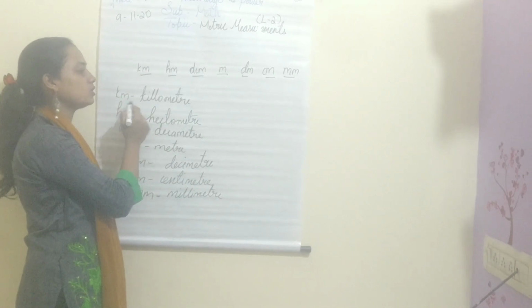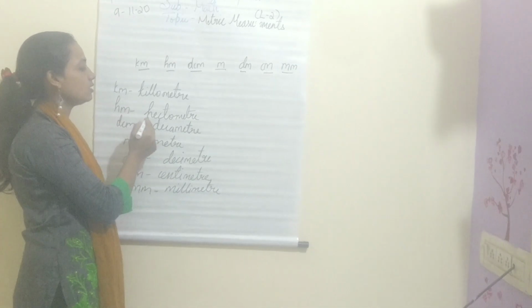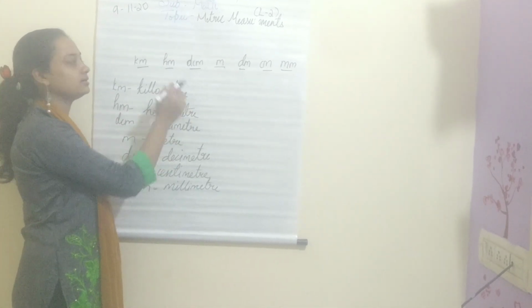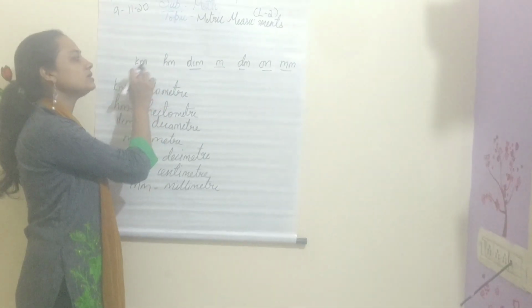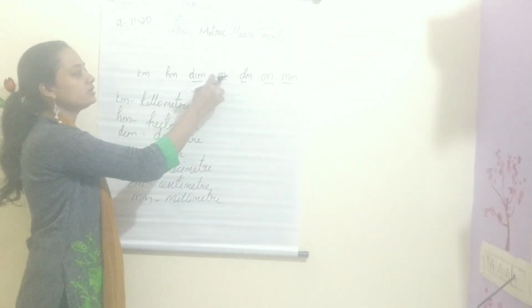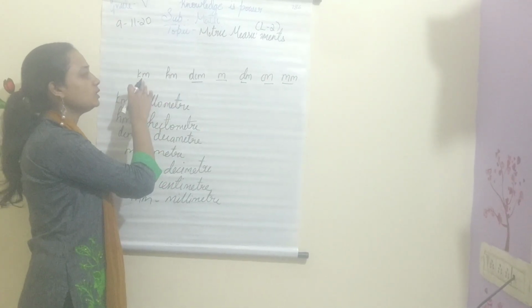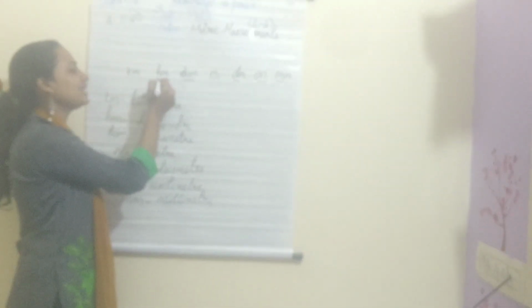km is called kilometer. hm is called hectometer. So you all know 1 kilometer is equal to 1000 meters. Similarly, 1 kilometer will be 10 hectometer.